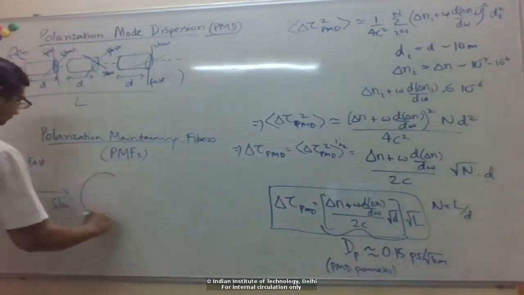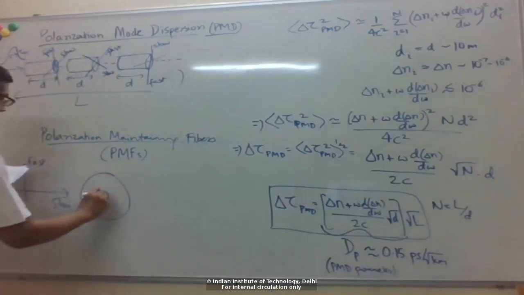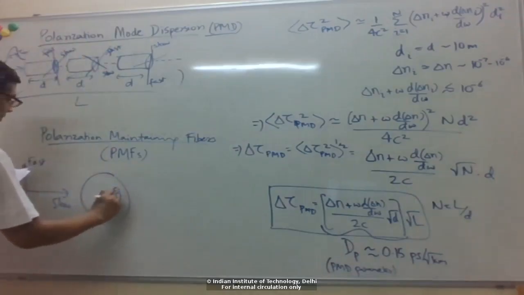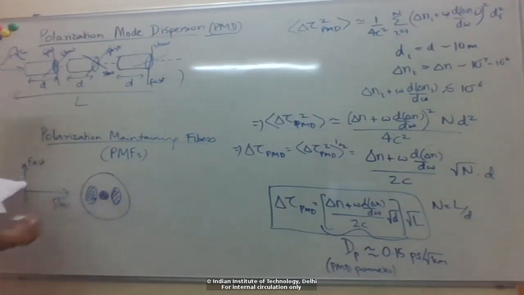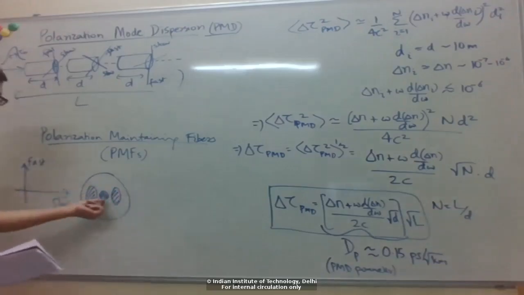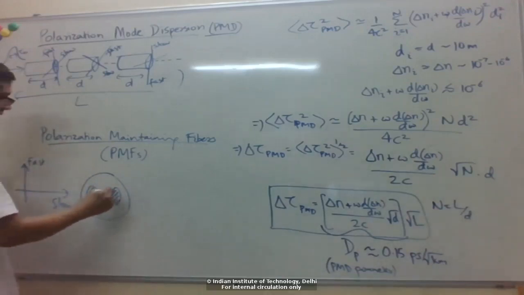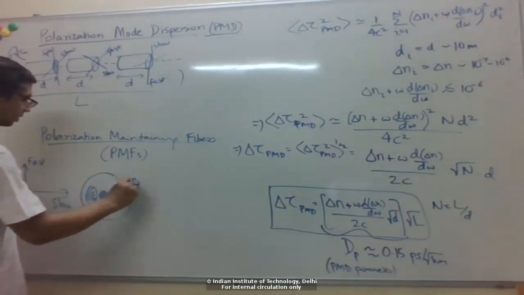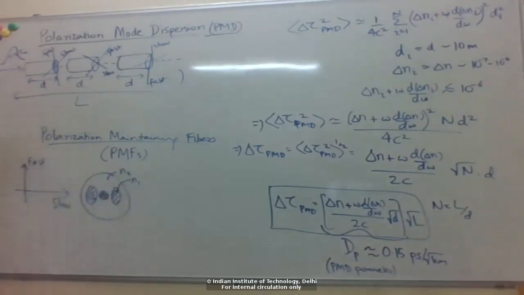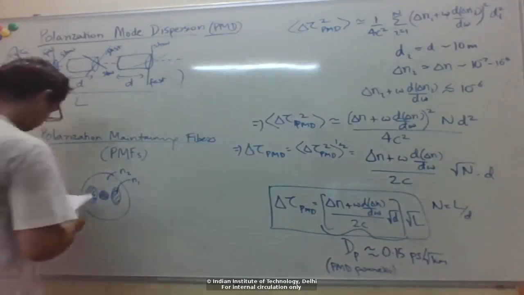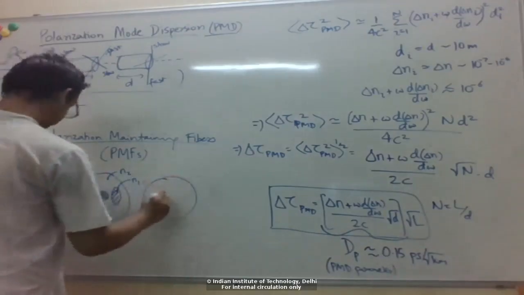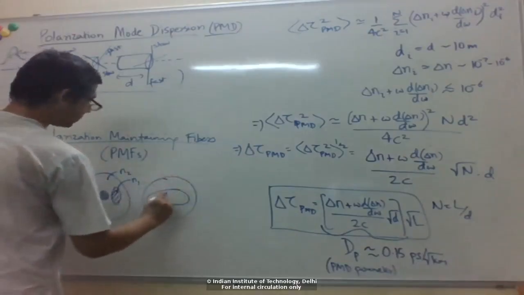So for example, you could have fibers where you design the core to be asymmetric. For example, there is a fiber which looks like it has three cores like this. So in the x direction, the effective index is higher, right? This shaded region means higher index, the core region. So now you can see this will be the slow axis, and this will be the fast axis. The simplest design could just be an elliptical core like that, right?